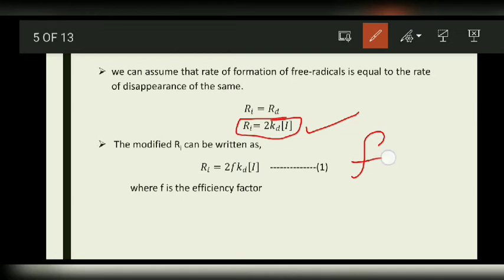This gives the fraction of effective radicals which initiate the chain. Therefore, the rate of initiation equation is modified like this, introducing the efficiency factor F. Ri will be equal to 2F Kd times the molar concentration of initiator. Call this equation number 1.